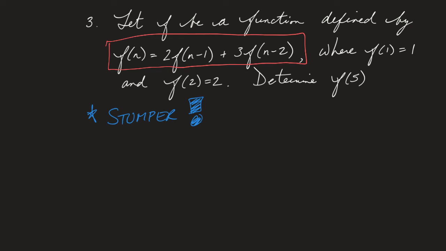And then it tells me that f of 1 equals 1 and f of 2 equals 2. The question itself wants me to determine the value of f of 5. So you've actually solved this problem if you can find what f of 5 is equal to. Of course, when you find it, it needs to be fully simplified.